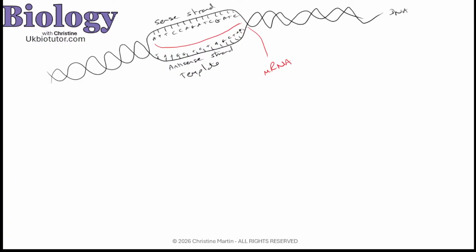So therefore, if I now bring in my mRNA, it is going to be complementary to the antisense strand, and therefore the A and U. So my mRNA strand should be the same as the sense strand, apart from the position where there is a T, I would find a U on my mRNA strand.